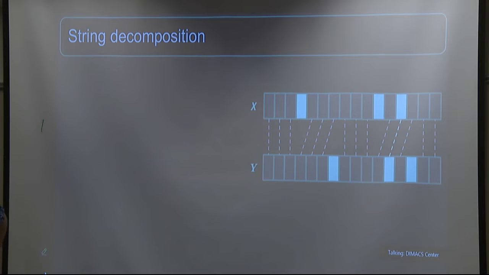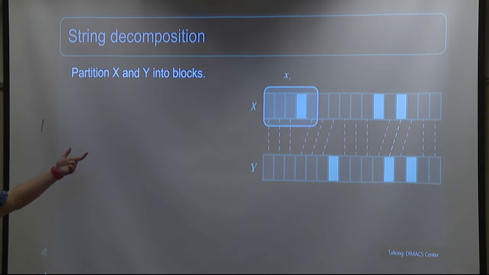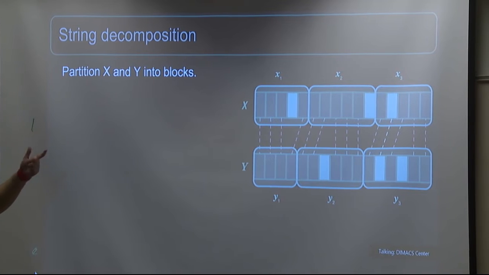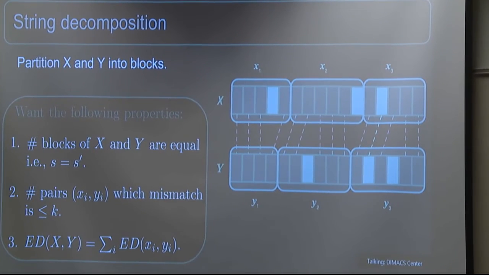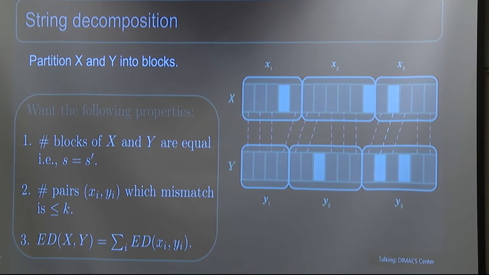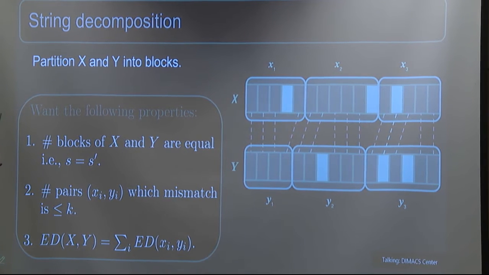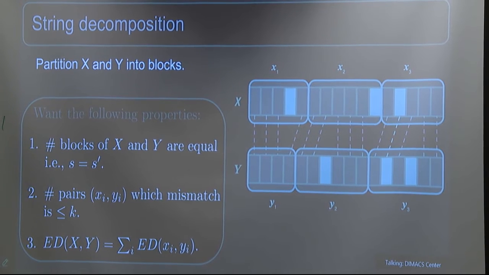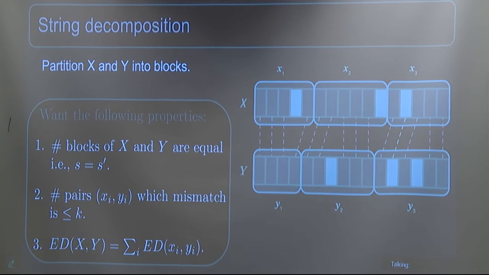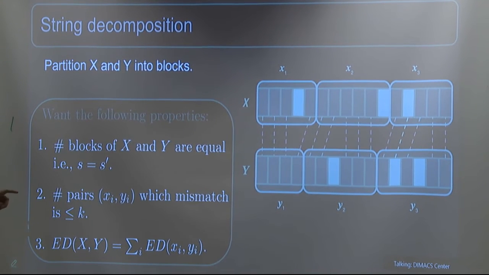Given this x and y, I want to partition the strings x and y into blocks, as this is a decomposition. I want the following properties. The first property is that the number of blocks in x and y should be the same. Now pay attention to the next slide. You see one block is now shifted.